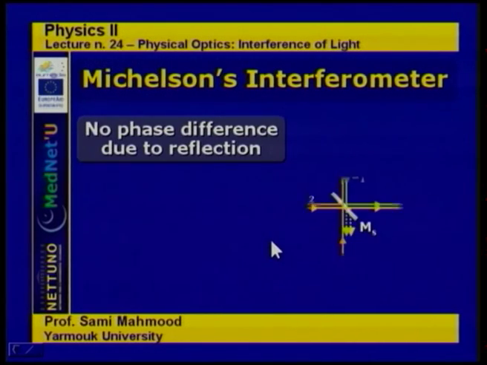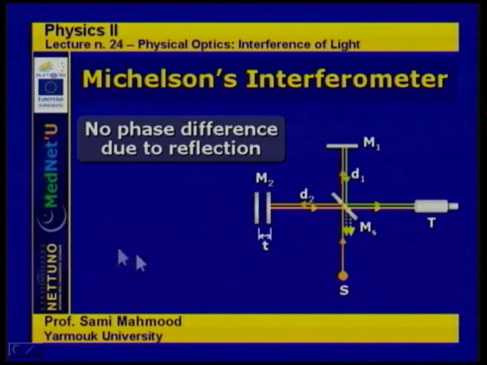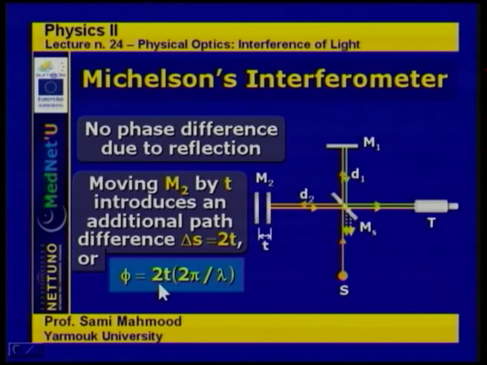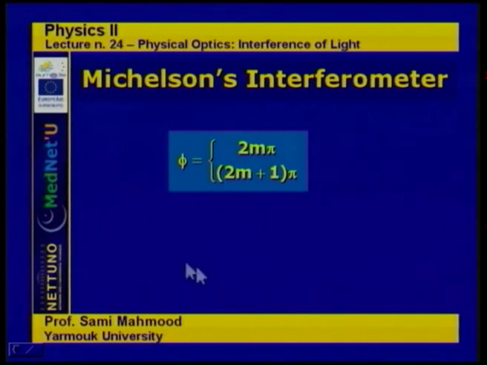In the device, we don't have any phase difference introduced by reflection, because the same number of reflections occur in both rays, and just the motion of the mirror M2 will introduce an optical path difference of ΔS equal to 2t, and the phase difference φ is simply 2t times 2π/λ. We convert it into angular phase difference, and the conditions are as before.